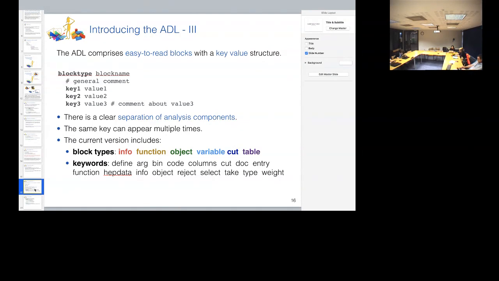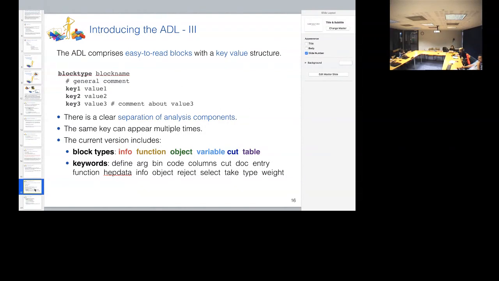So one of the goals here is to have a way to standardize the writing of the description of these analyses, and the thought is that this block structure will help to impose this kind of standardization. Of course, the key can appear many, many times in different places. The current version includes the following block types. In a backup there are some preliminary versions of these things, but the main thing I want to focus on is just the overall big picture.